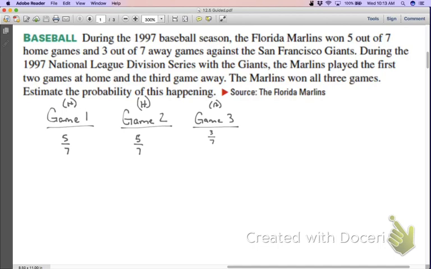Multiply them all together. So I'm going to take 5 out of 7 times 5 out of 7 times 3 out of 7. I'm going to get 75 out of 343.